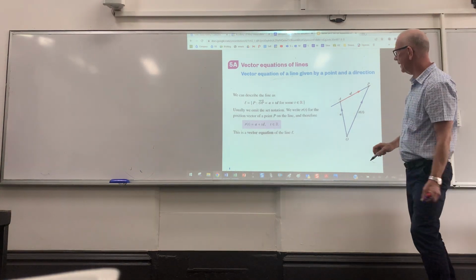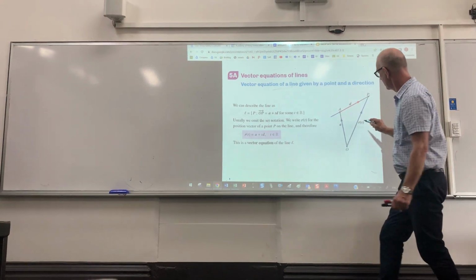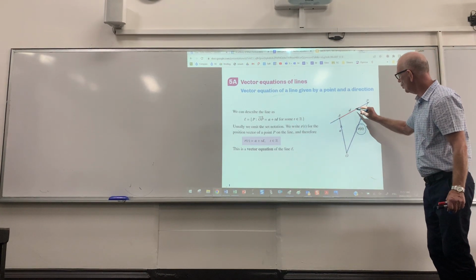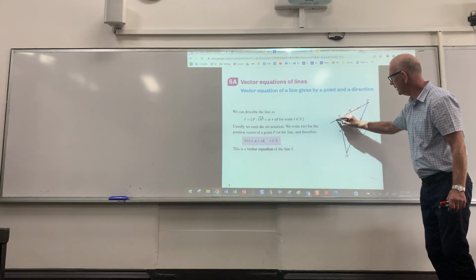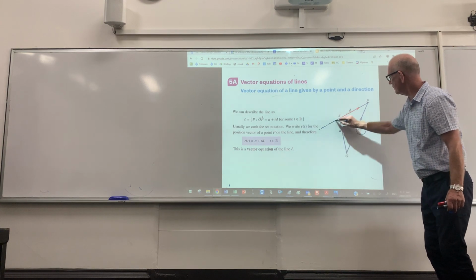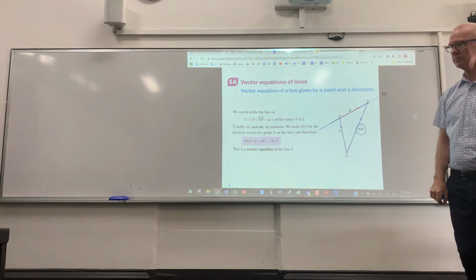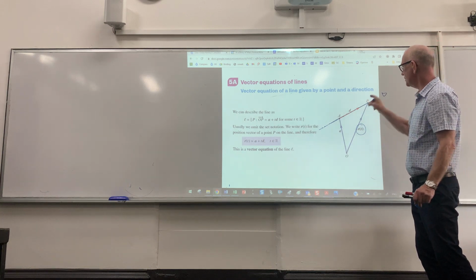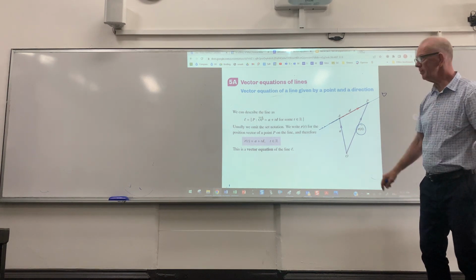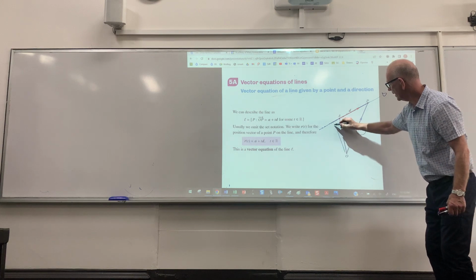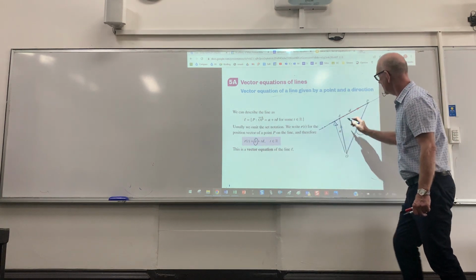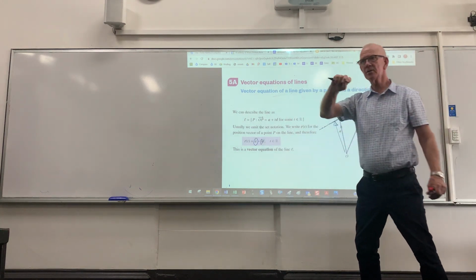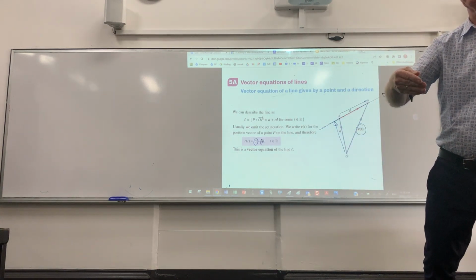We are suggesting that if this is the vector that describes where point P is, that point P will be along this particular line and it's going to follow that particular direction. r(t) is the position vector for position P. But we can describe position P as being vector a plus some proportion of vector d. And that t isn't time, it's a proportion.